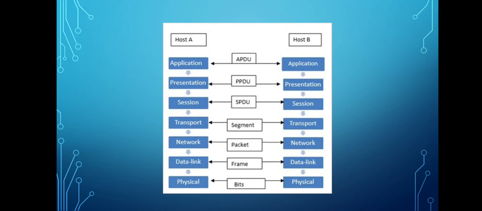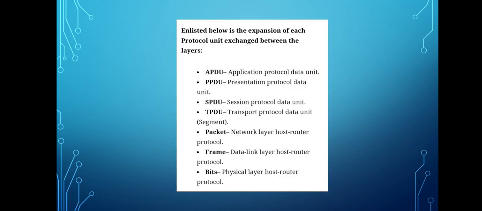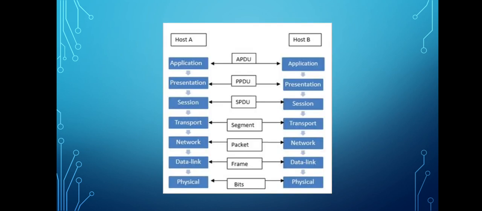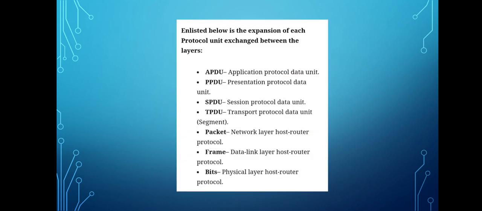So when we say DTLS, what exactly is DTLS? Datagram Transport Layer Security. So what exactly is datagram? The data is transferred in the form of bits at the physical layer, in the form of frames at the data link layer, in the form of packets in the network layer, in the form of segments, and then we've got SPDU, PPDU, and APDU.